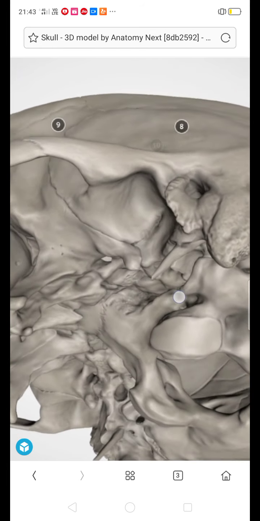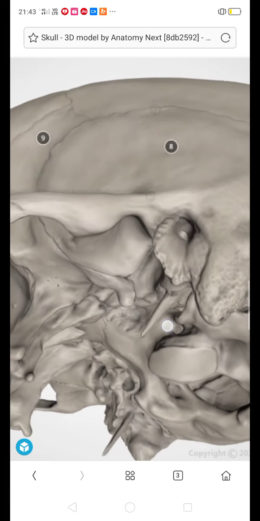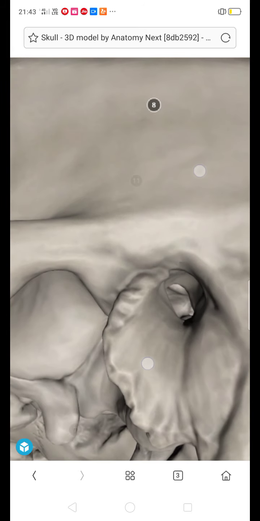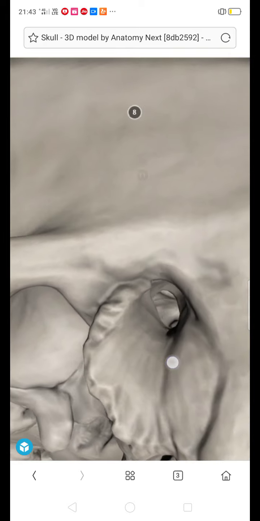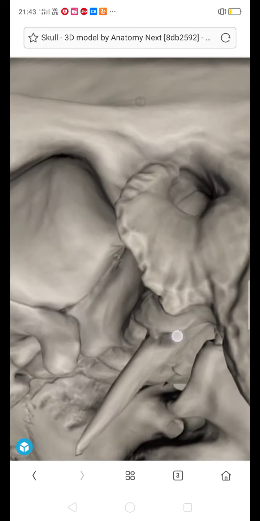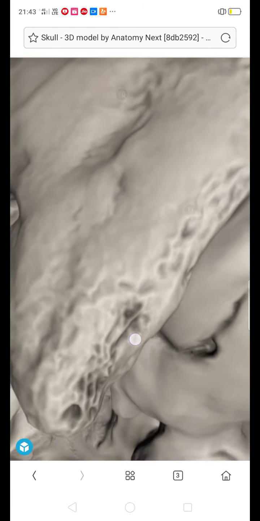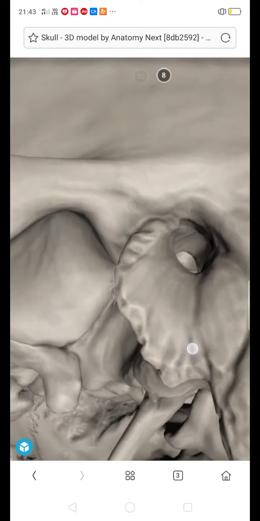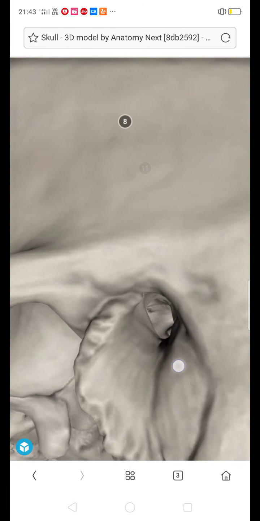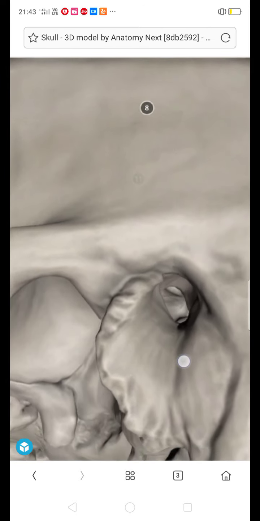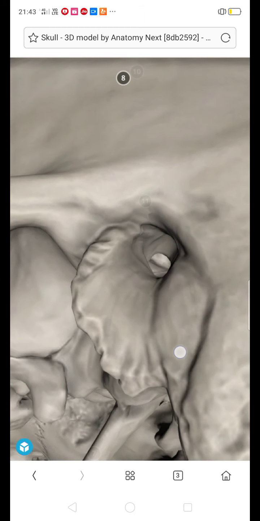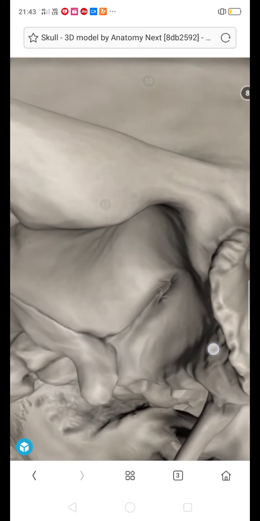Let us turn inside and have a look. This is the tympanic part of the temporal bone. That is the mastoid process. Deeper within is the tympanic sulcus, into which the eardrum is inserted.